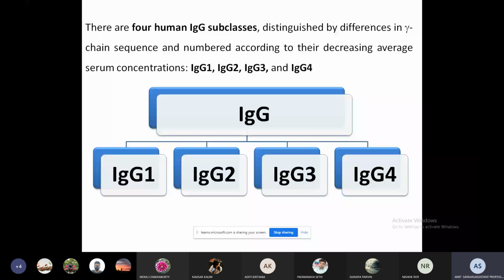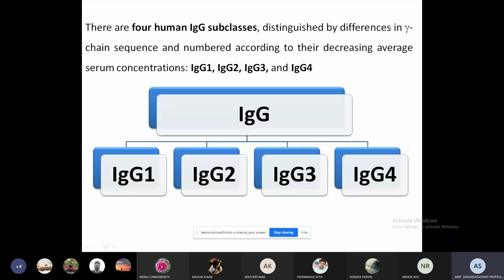Okay, and they have been named 1, 2, 3, 4 actually based on their relative abundance in the serum. That means you will get the maximum amount of IgG1 in the serum, then IgG2, then IgG3. You will get very little IgG4 in our serum. So 5 different classes of antibody and then 4 different IgG subclasses.